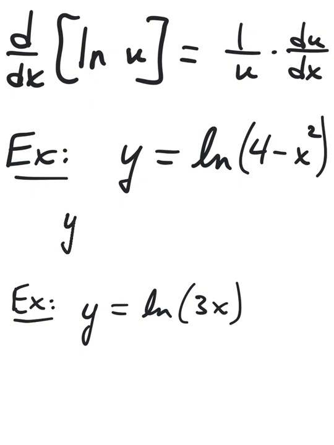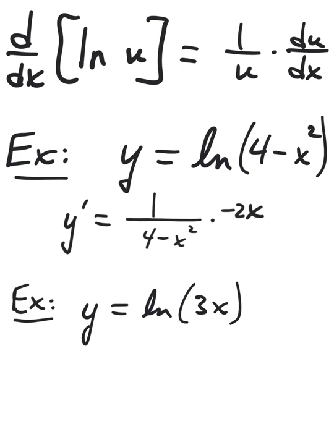When we take the derivative, we're going to do 1 over, and for this problem it's 4 minus x squared, times the derivative of 4 minus x squared, which is negative 2x, and it's just that fast.